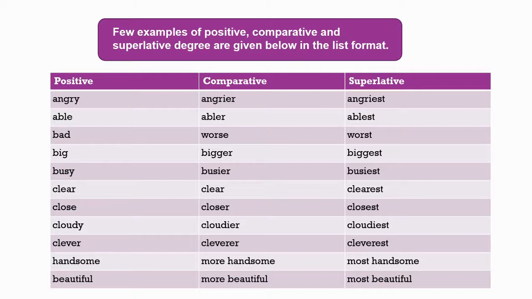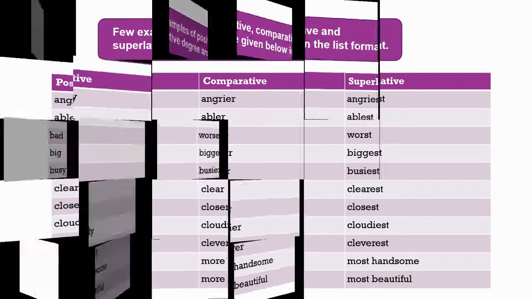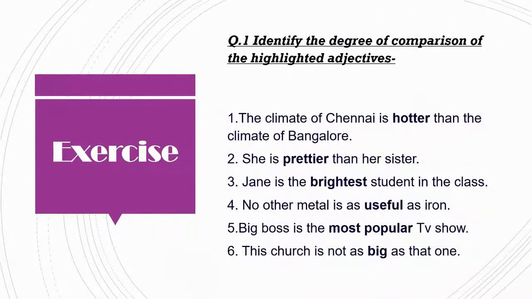Exercise question number 1. Identify the degree of comparison of the highlighted adjectives. First, the climate of China is hotter than the climate of Bangalore. Second, she is prettier than her sister. Third, Jane is the brightest student in the class.